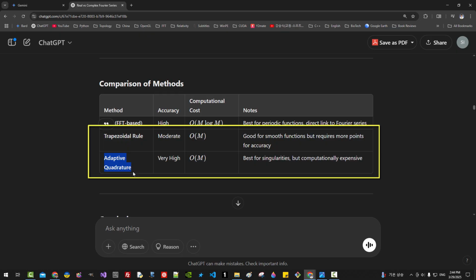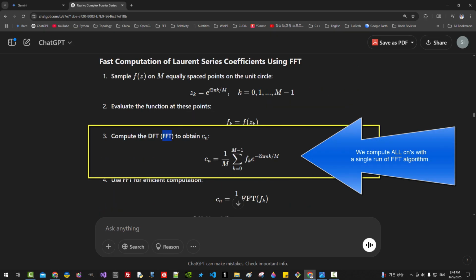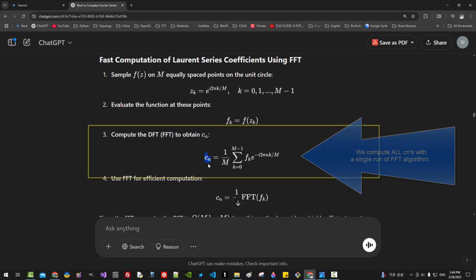Traditional numerical methods are not very practical in this application. Instead, if we use FFT, we compute all Cn's with a single function call.